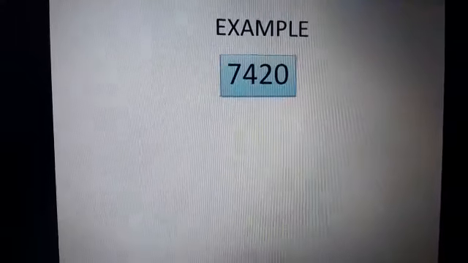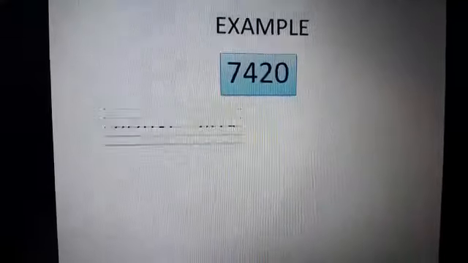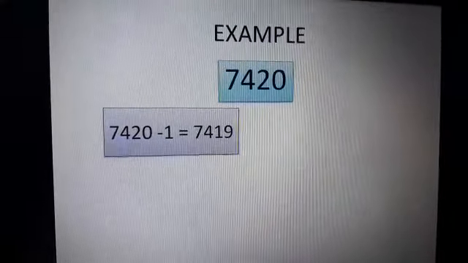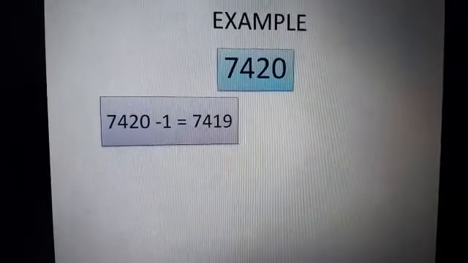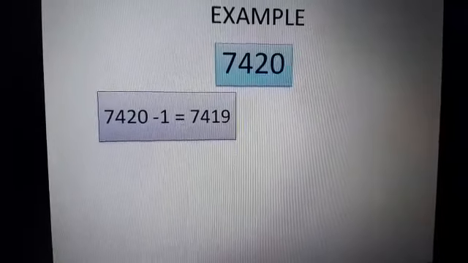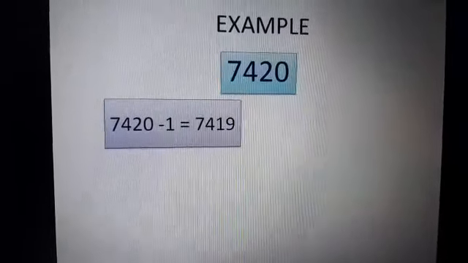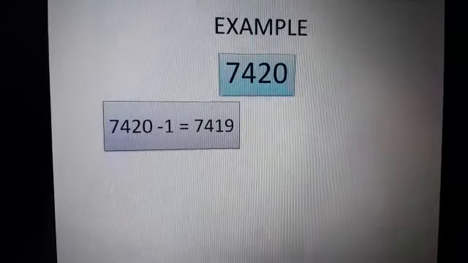I have taken a 4-digit number 7420. I have to find its predecessor. What I am going to do? I'll just subtract 1 from it, because predecessor means a number just before it. And how you are going to get that number? By subtracting 1 from that. So 7420 minus 1 gives you 7419.